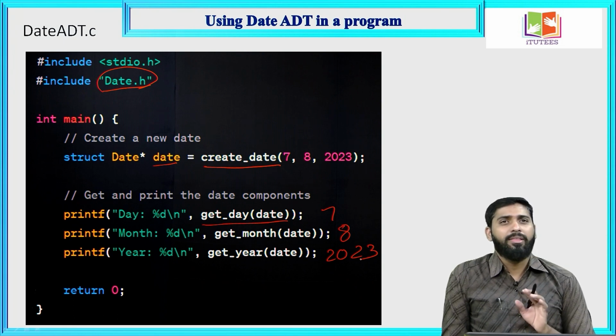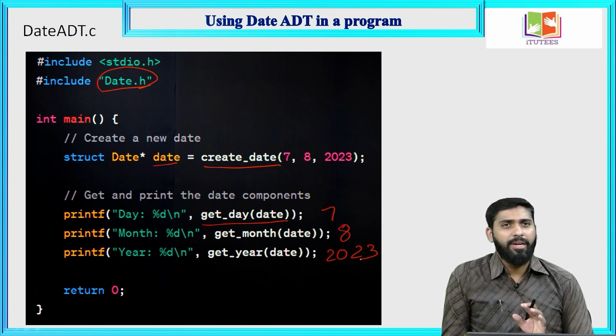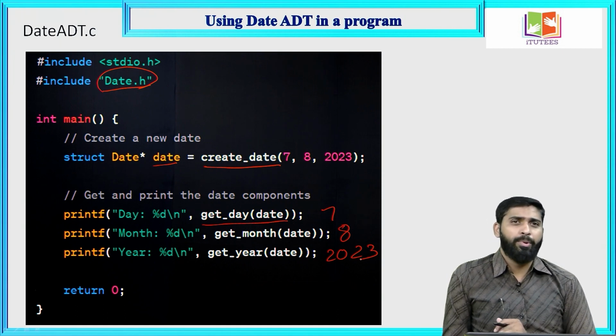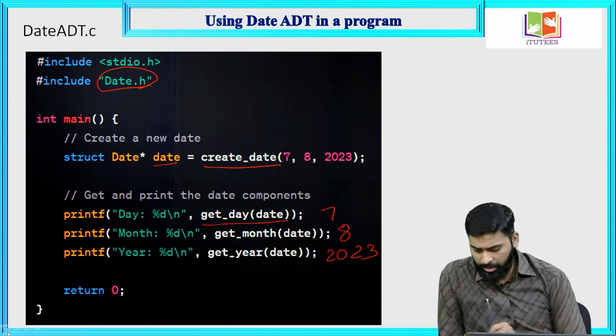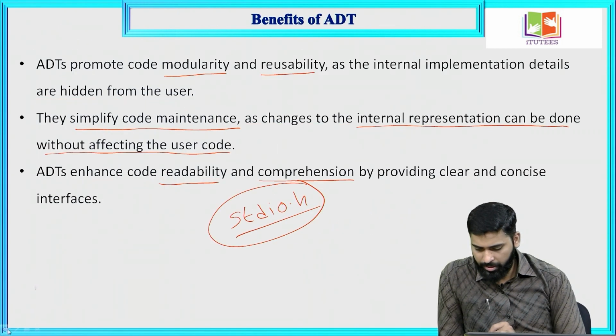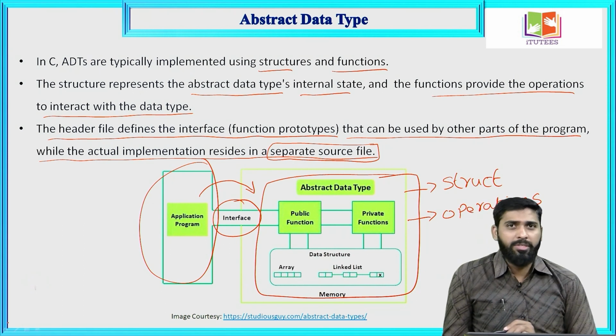The abstract data type contains three parts: one is the interface, second is the implementation source file, and third is the application program. Now we come back to the first slide, to this diagram.